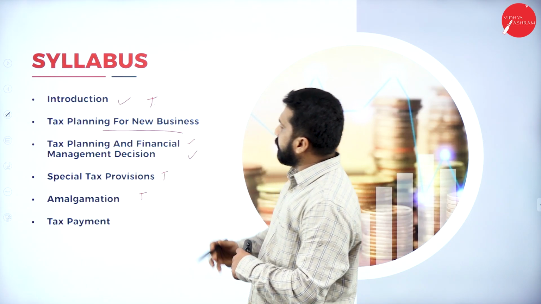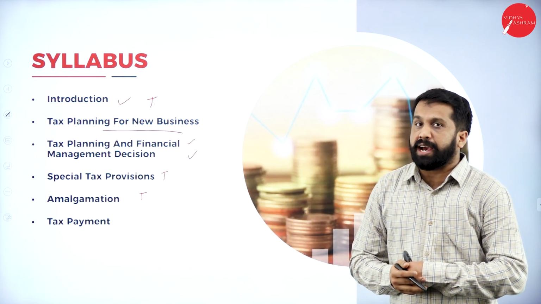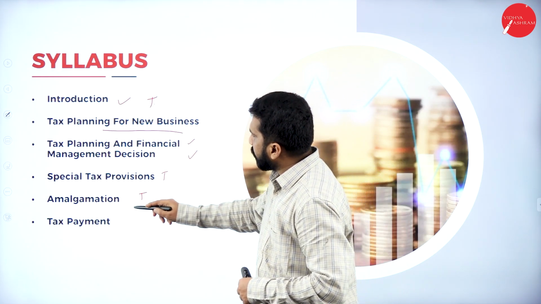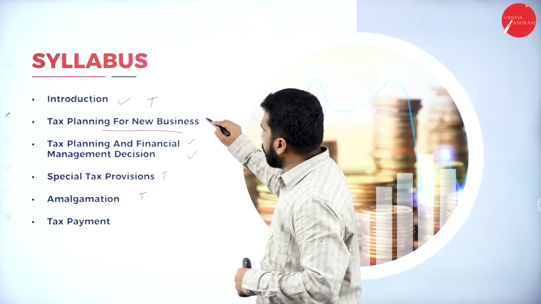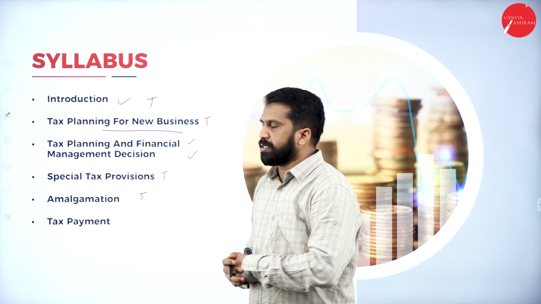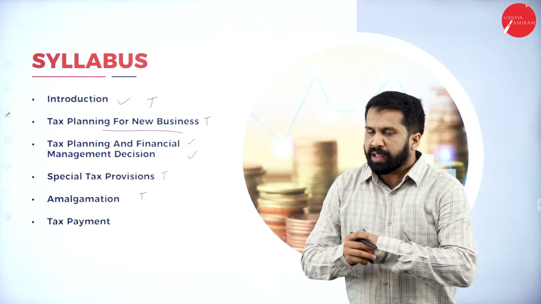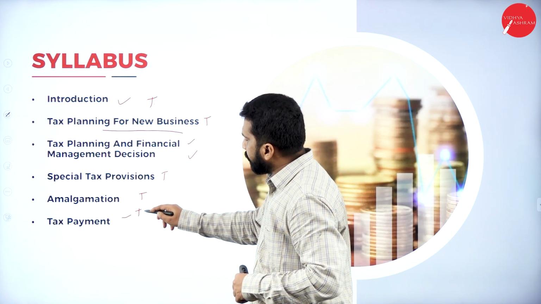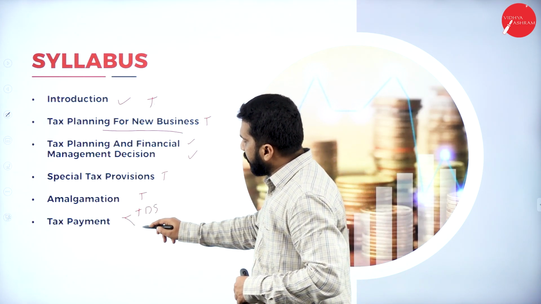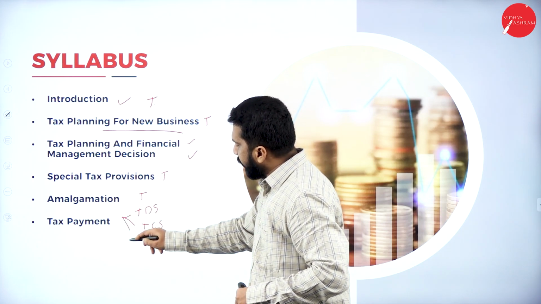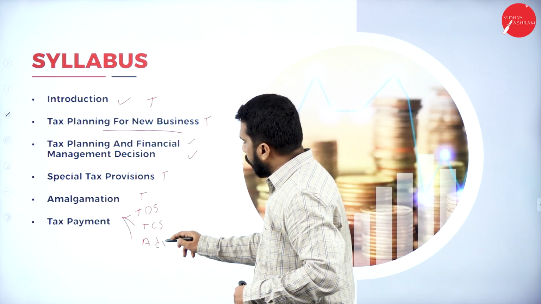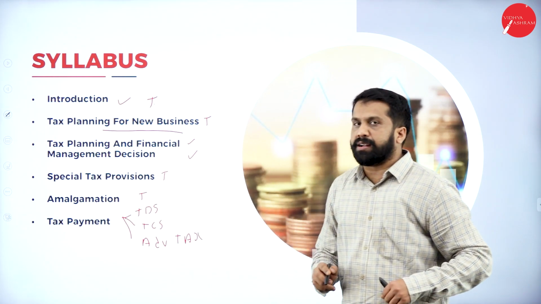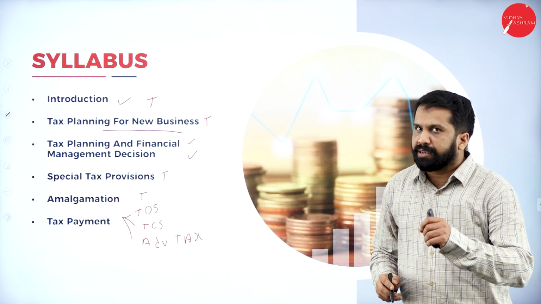Along with that, we have our last topic, that is called tax payment. This is also theory. Under tax payment, what will come? You may get TDS, you may get TCS, and you may get advance tax. These are the topics which are covered under tax payment.